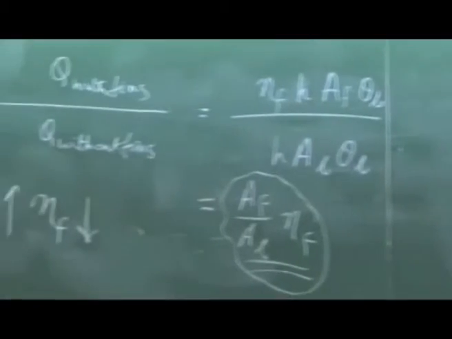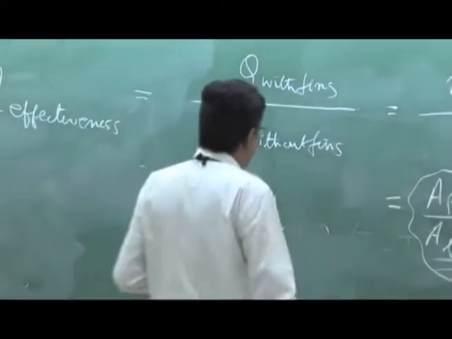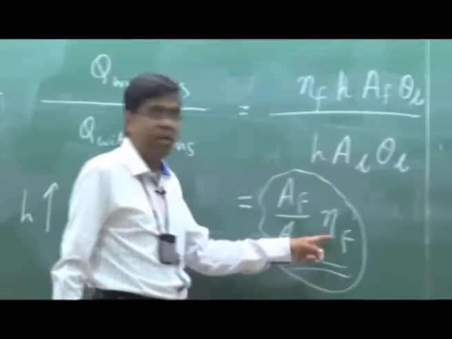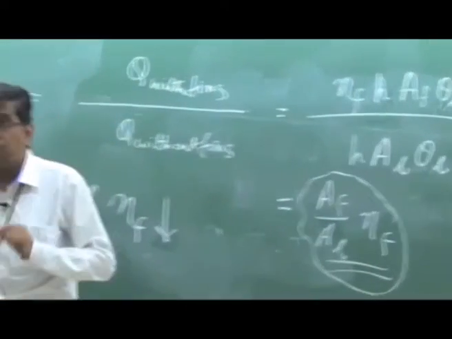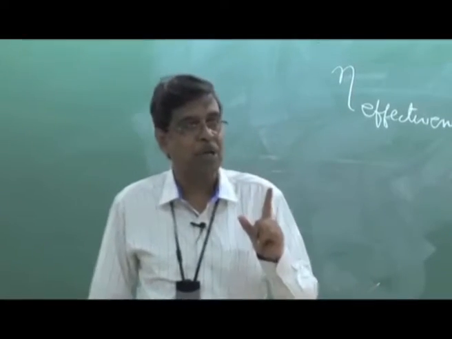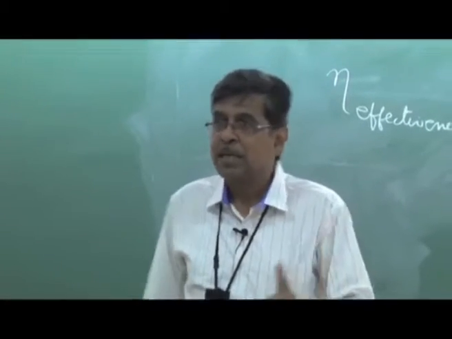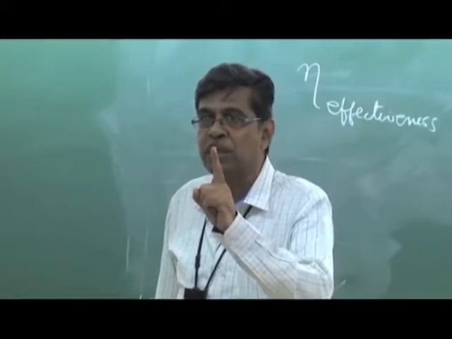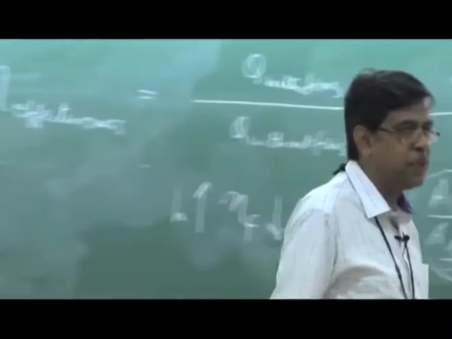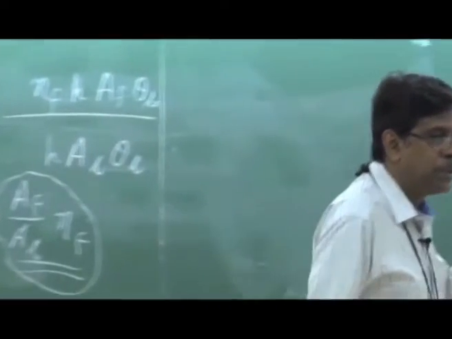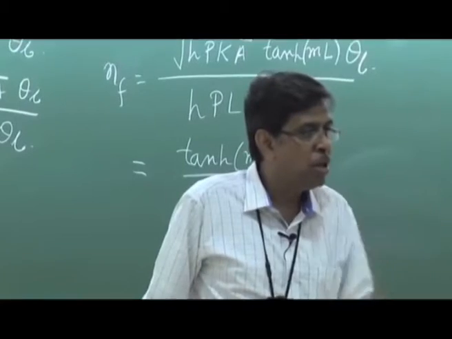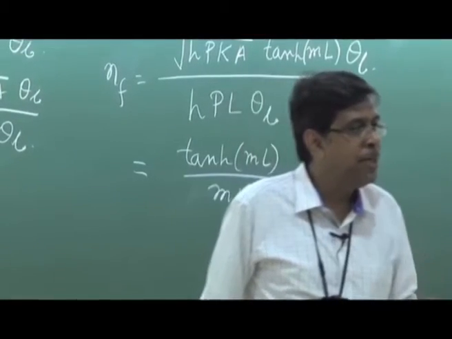So therefore, we have to be pragmatic enough to have a meaningful gain, which is the product of A_f by A_b into eta_F. For fluid, especially liquid, which has a high thermal conductivity in forced convection, it gives a very high heat transfer coefficient. In boiling and condensation, phase change processes have high heat transfer coefficient. There, eta is usually low. We do not usually give fins.